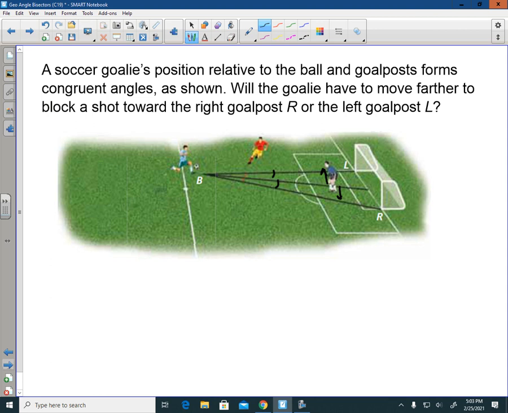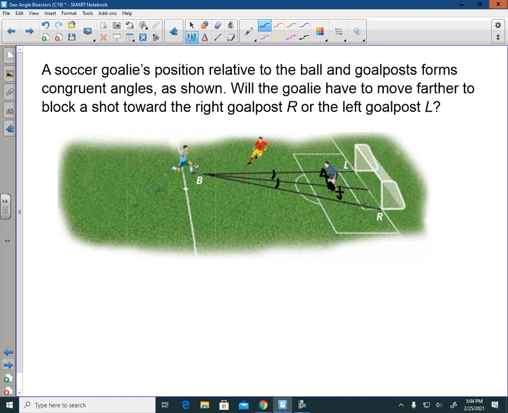Well, let's think about this. The keeper ends up being a point on the bisector of an angle, which would mean that the keeper is equidistant from the sides of that angle, which would mean that the keeper wouldn't have to move to the left or the right. It would be an equal distance from left to right. And so the question is, will the goalie have to move further to block a shot toward the right or to the left?